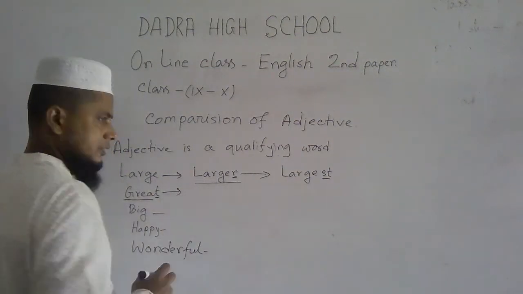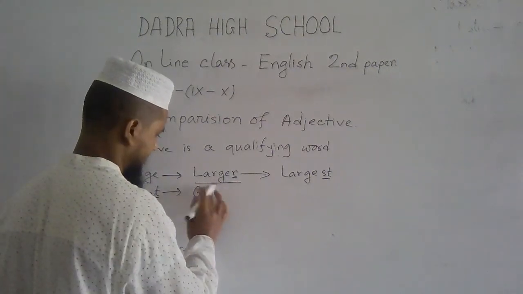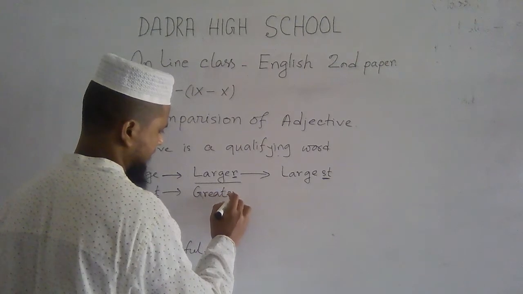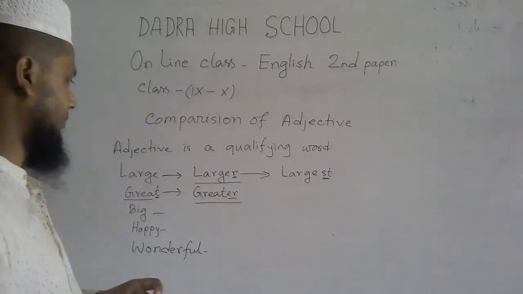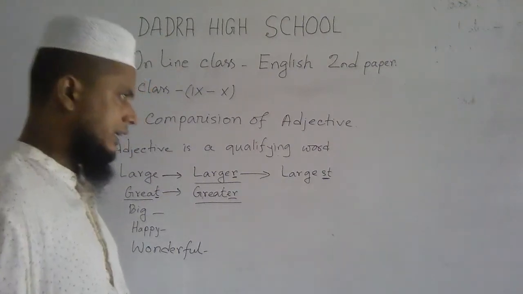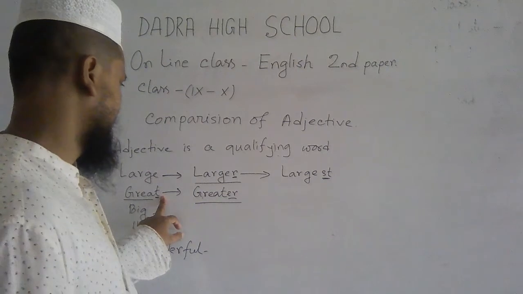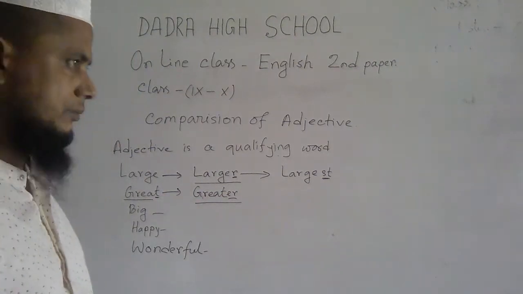Great, ER, greater. This is the comparative form. We have taken ER as there is no E at the end. So we have to take ER to make it comparative.